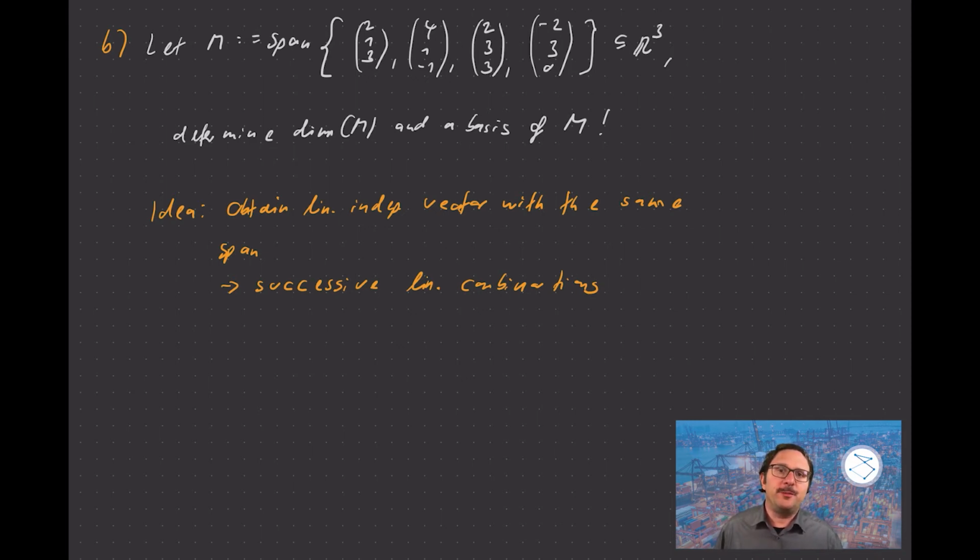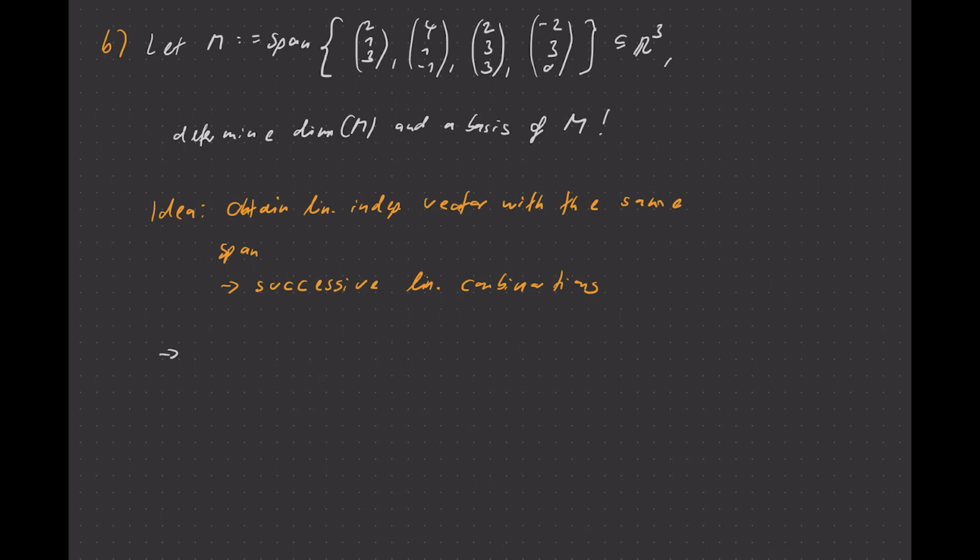Otherwise, that information would be lost forever. And I'd like to do it in a systematic way, such that I will be able to identify vectors that are really not necessary to create that same span. So the idea is to combine vectors in a way that eliminates vectors, meaning they become 0 vectors in the process.